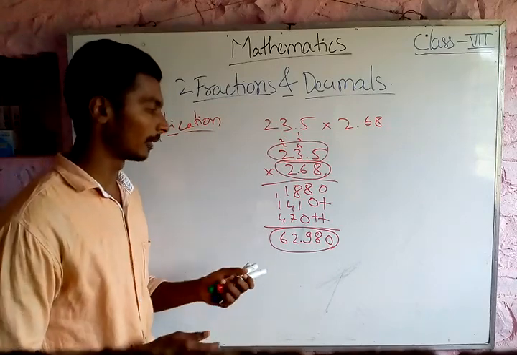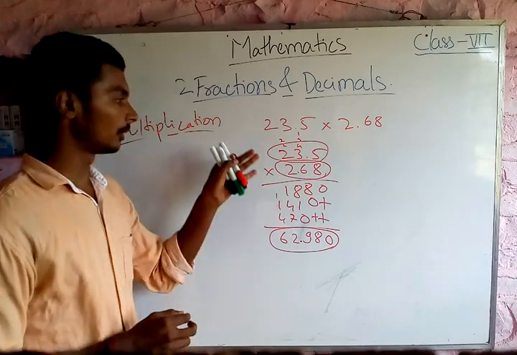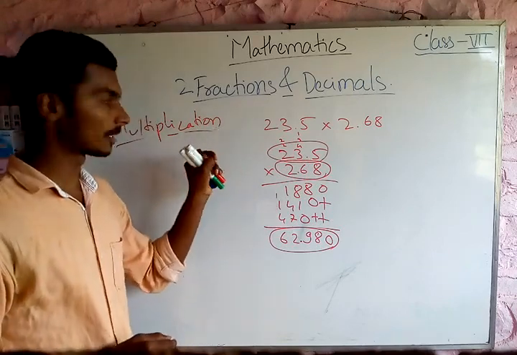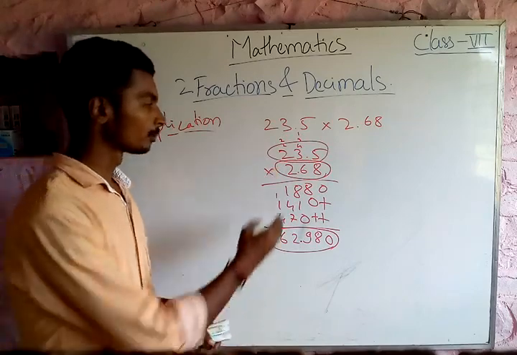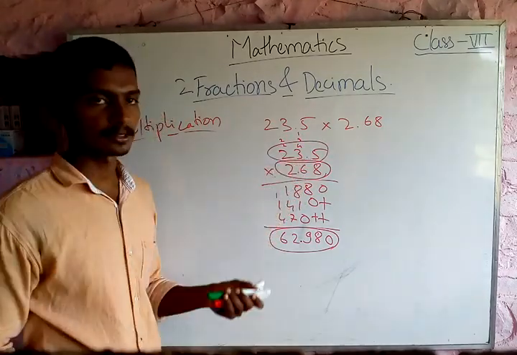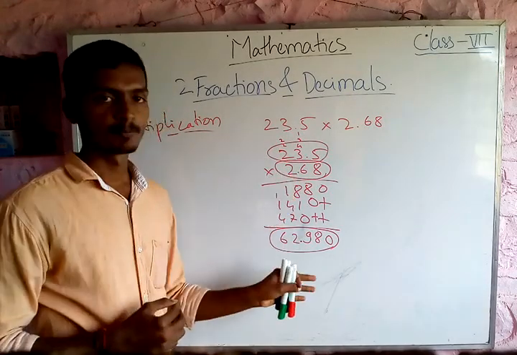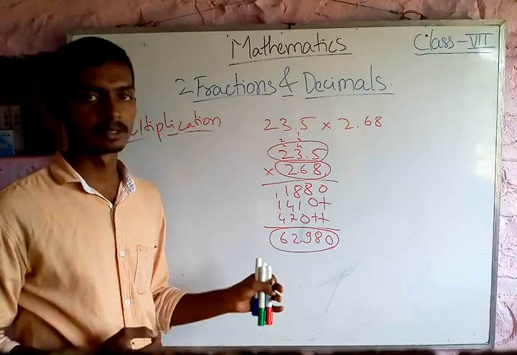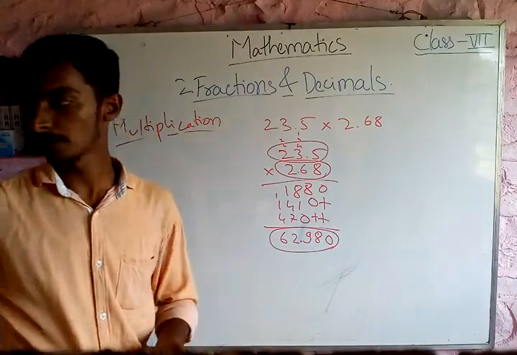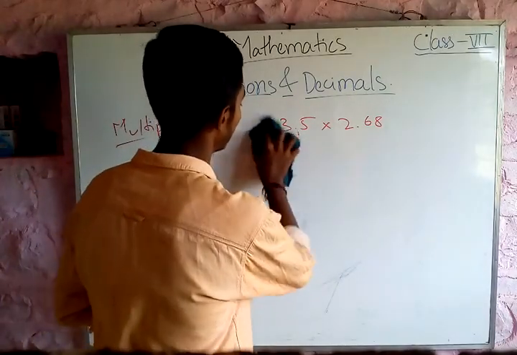Multiplication is also normal, but the only thing here is that in addition and subtraction we used to keep the decimal point in line with the operands, but here we add the number of places the decimal points are kept in the operands, and in the product the decimal point is kept before the added places. Okay, so this is how multiplication is done.